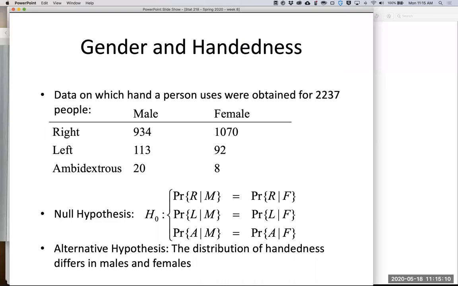That's a lot of words. You could summarize that by saying the rates of various handednesses are the same between both genders. You could also say the distribution of handedness is the same in males and females. The alternative would be simply that the distribution is not the same.